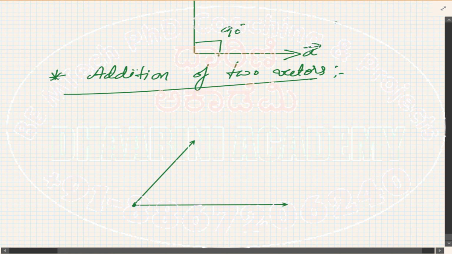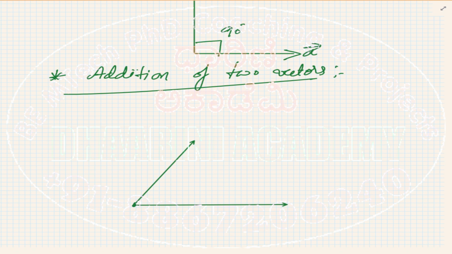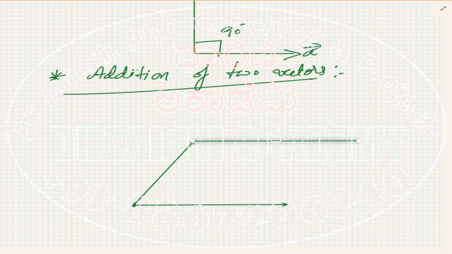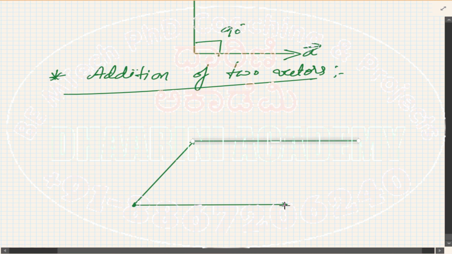Right, now the vector A plus vector B actually follows the law of parallelogram. That is, we can draw and complete a parallelogram of this. Let me draw a line like this, and let's draw another line like this, in such a way that they are actually parallel.